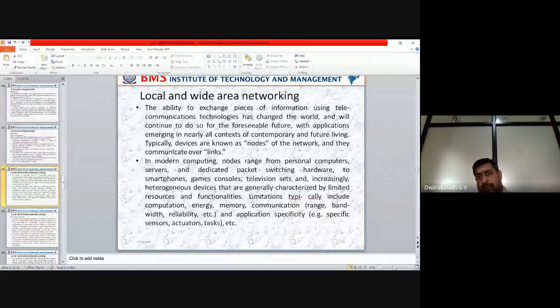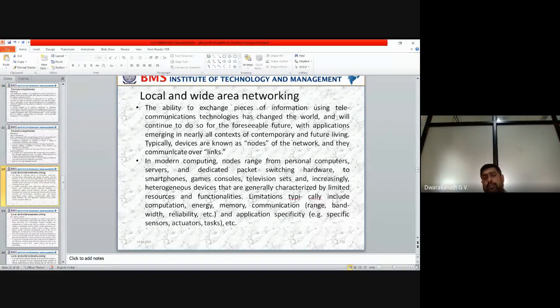The ability to exchange pieces of information using telecommunication technologies has changed the world and will continue to do so for the foreseeable future, with applications emerging in nearly all contexts of contemporary and future living. Typically, devices are known as nodes of the network, and they communicate over links. In the last session on computer networks, you discussed what communication is.